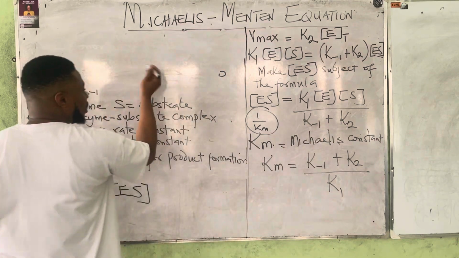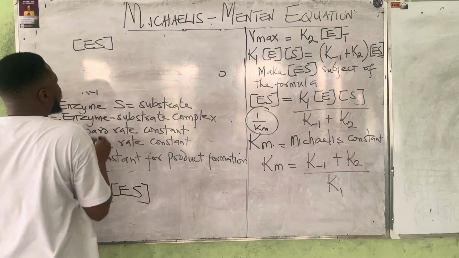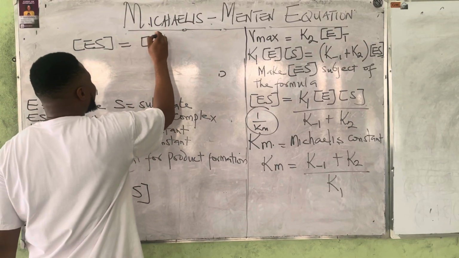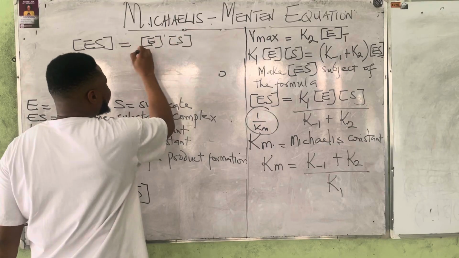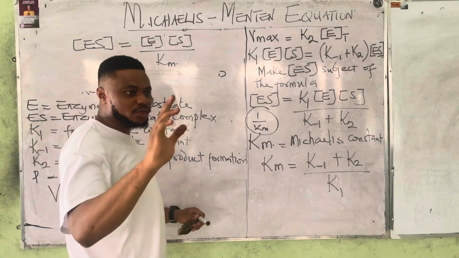So our enzyme substrate complex concentration will be equal to E times S divided by Km.